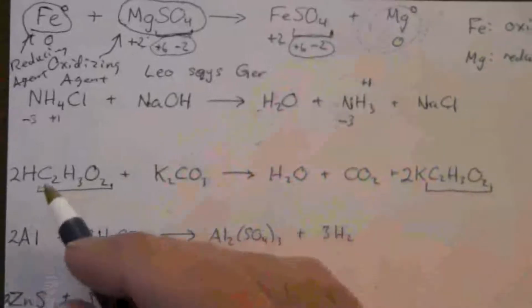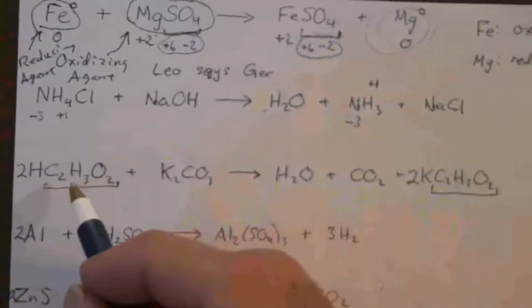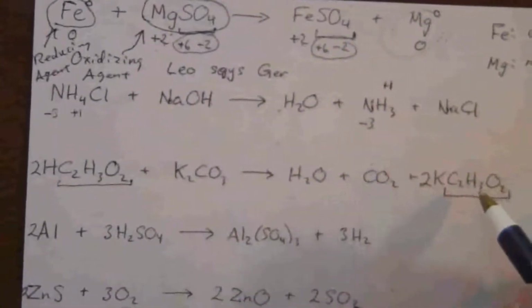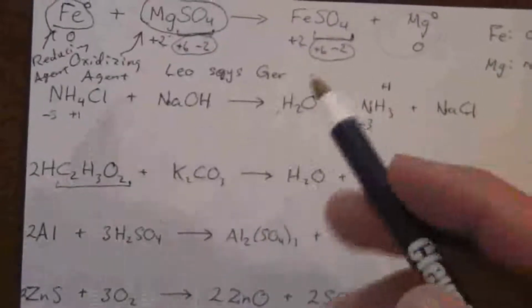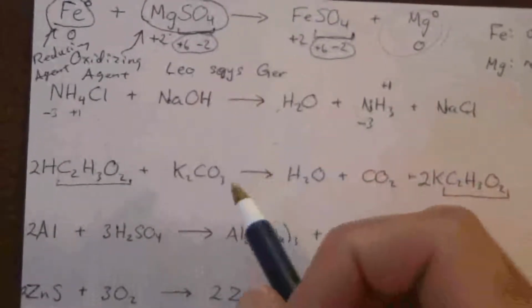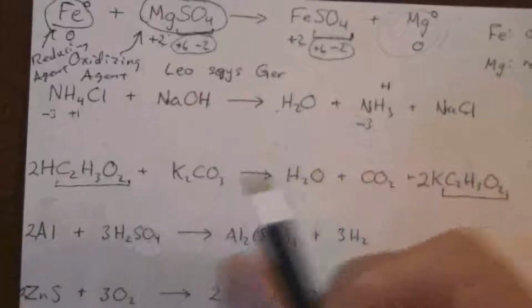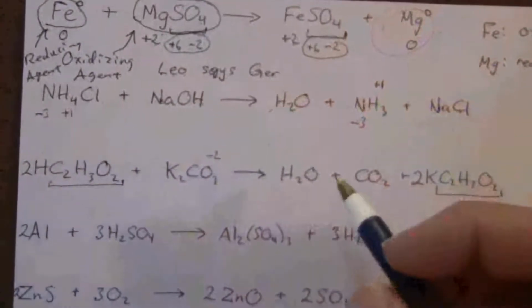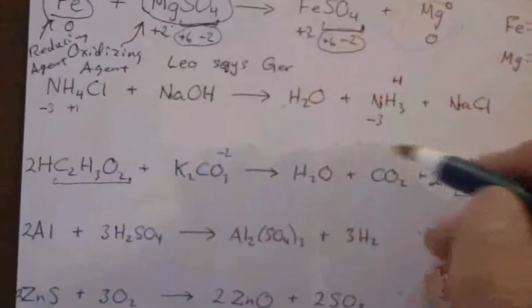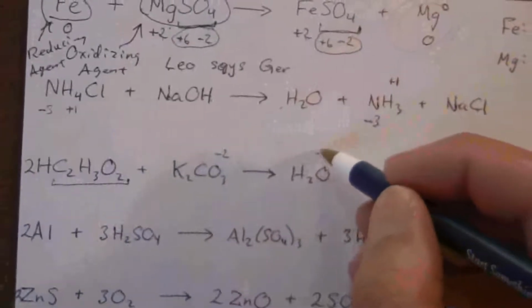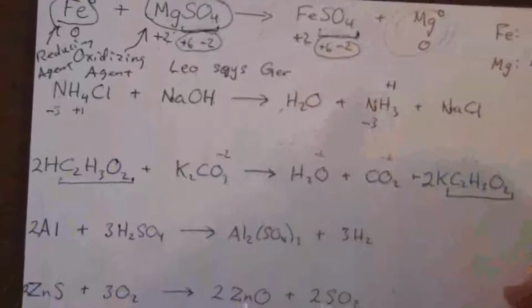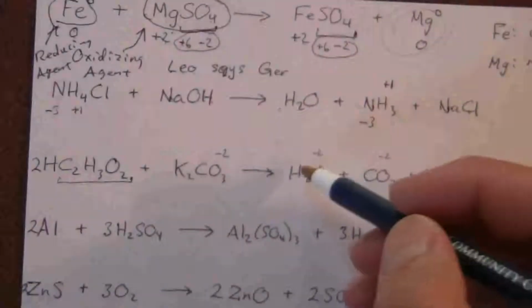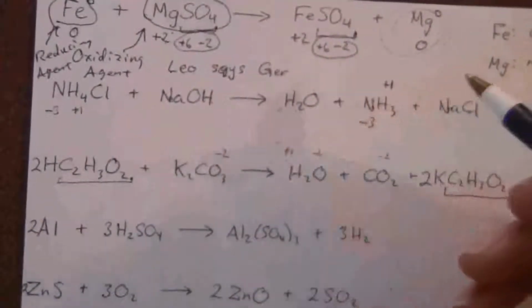So there's not going to be any change from the acetate here to the acetate there. Okay? And just like before, whenever oxygen is combined in a compound, it is -2, except for special circumstances. So it's always going to be -2, and the hydrogen, always +1.